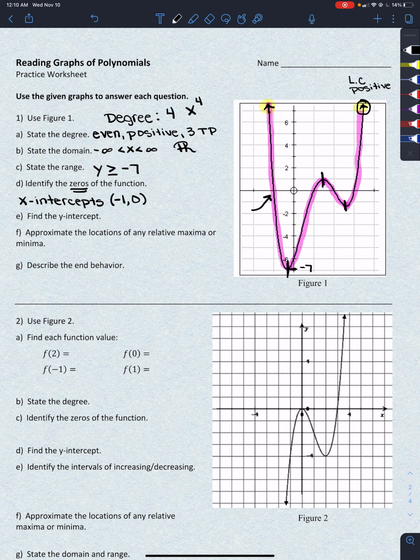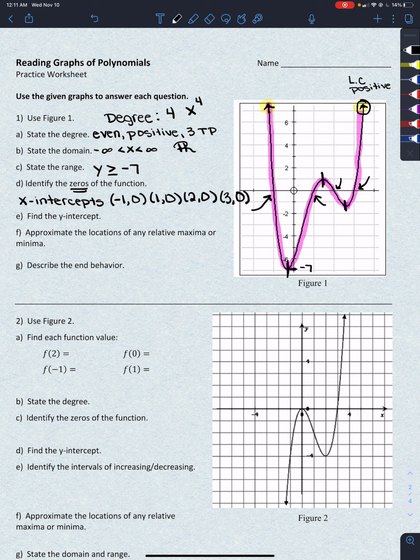It also crosses the x-axis right here, which is at +1, 0. It crosses the x-axis here, which is at 2, 0. And it also crosses the x-axis here, which is at 3, 0.